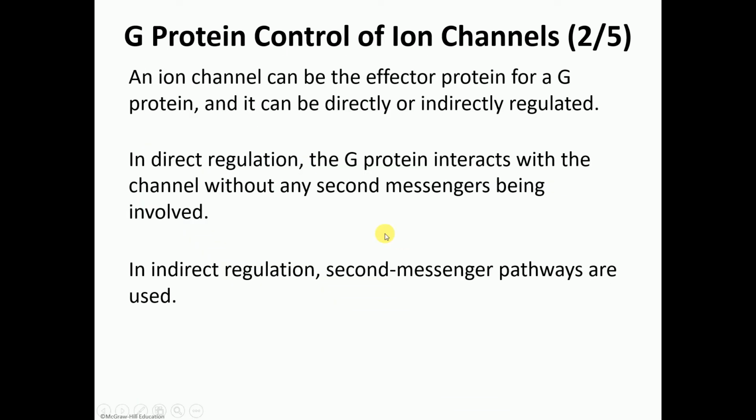So as we mentioned, your ion channel can be the effector protein for a G protein. The G protein can interact either directly with an ion channel, and we really did not see that in this scenario. What we saw is the indirect interaction with an ion channel, where there was a second messenger, which was in this scenario IP3, that opened up the ion channel.